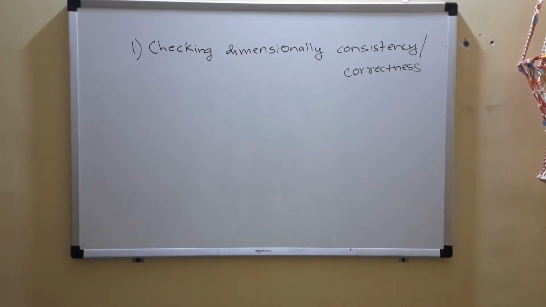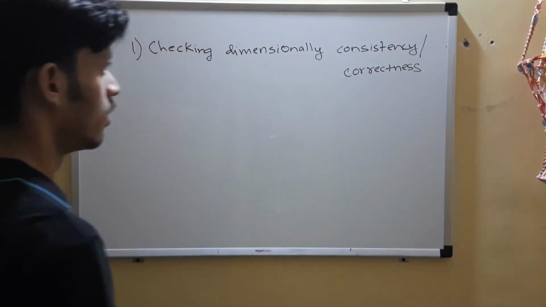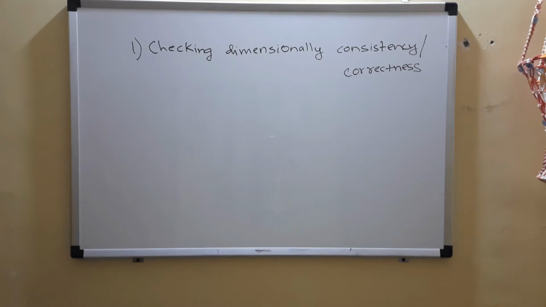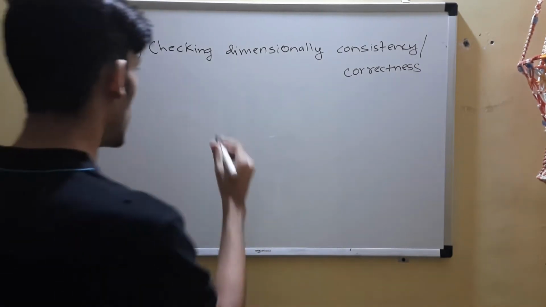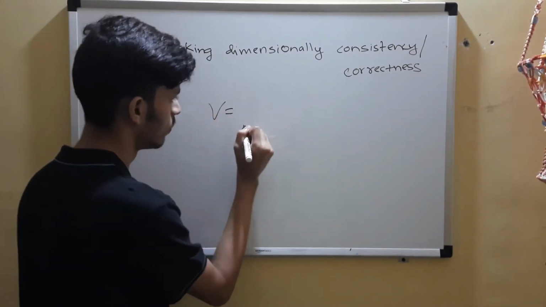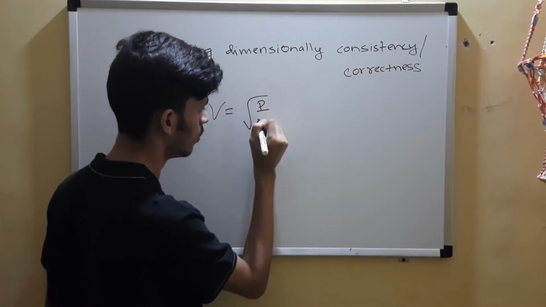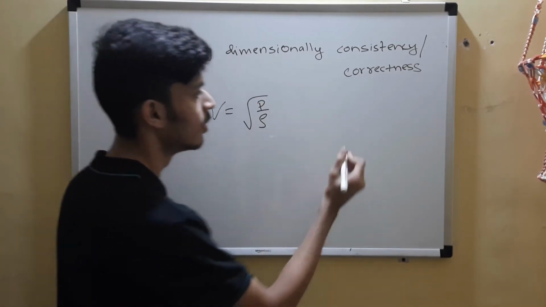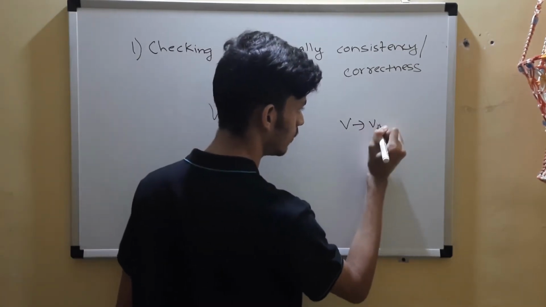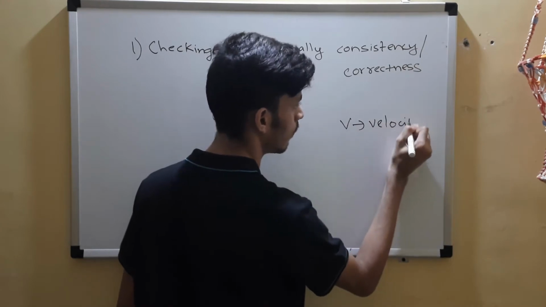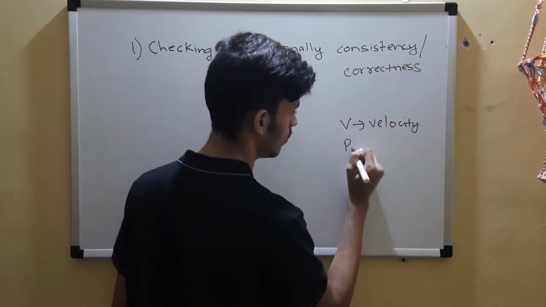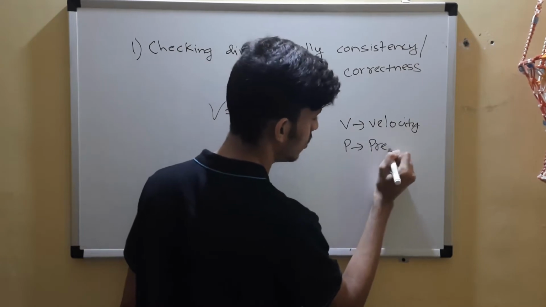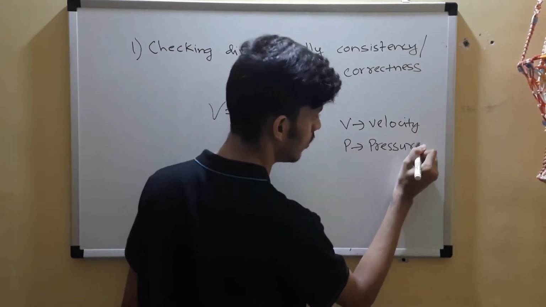Now let's go for the third one. Third one is we'll use v is equal to root of p by rho. What is this, sir? What is this rho? Okay, v is velocity, p is pressure. Pressure, sir, I don't know the dimensional formula.